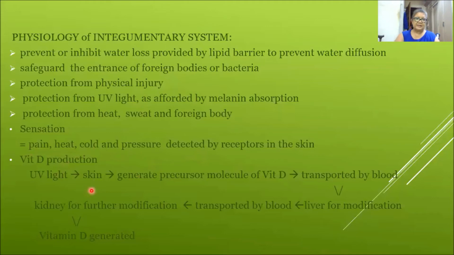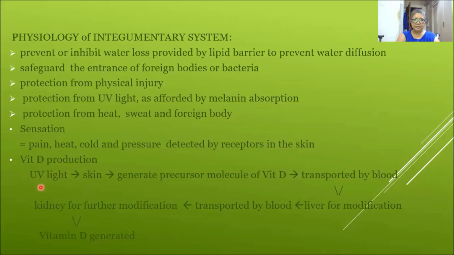Another is vitamin D production. Your UV light does not produce the vitamin D. It will just generate, or stimulate, the precursor of your molecule of vitamin D, which is found in the skin.